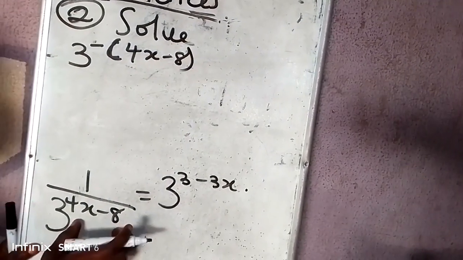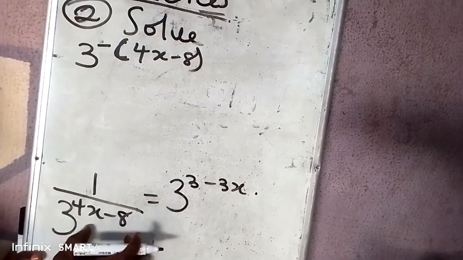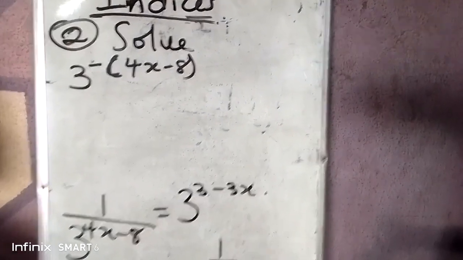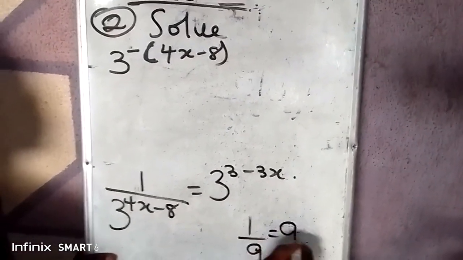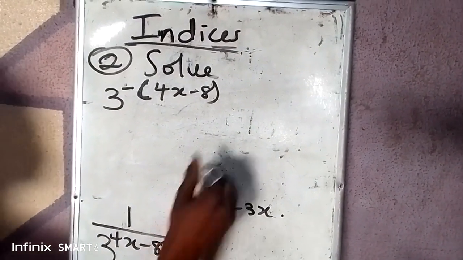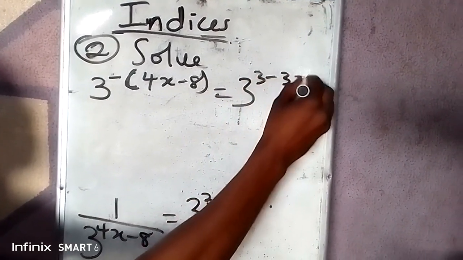This one represents your power, but there are 2 things. So you are advised to put it inside the bracket and now put your minus, because in the law of indices, when you have 1 over a, you bring the a up to become a raised to power minus 1. Don't forget that. Now equals 3 raised to power 3 minus 3x.